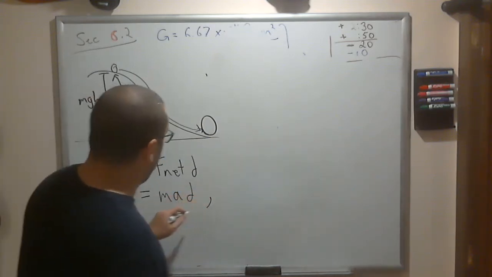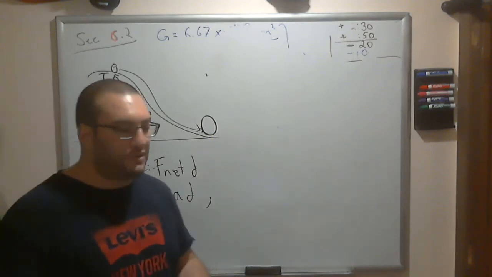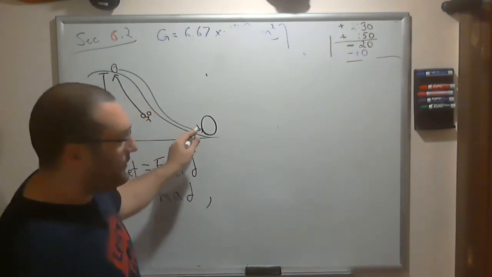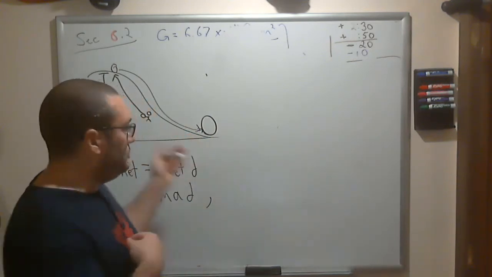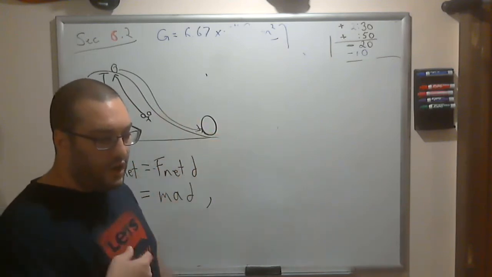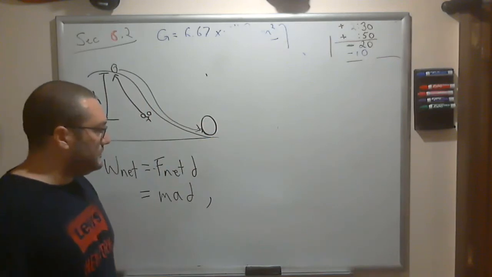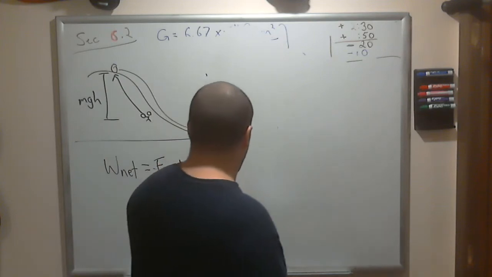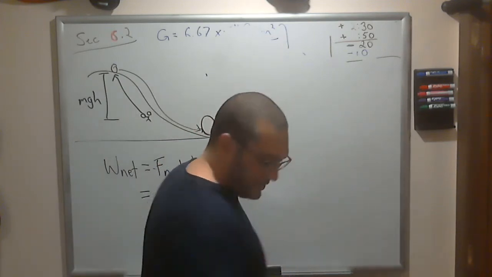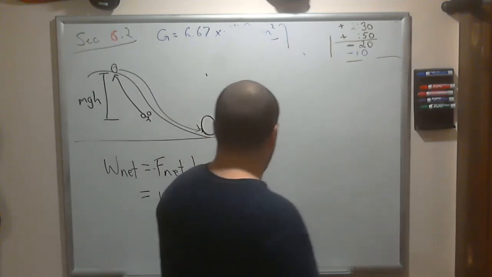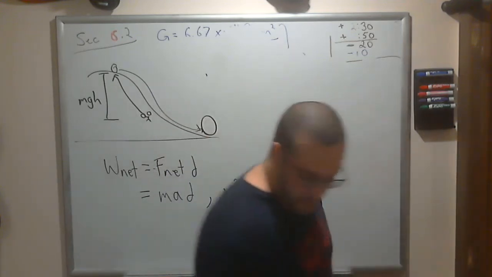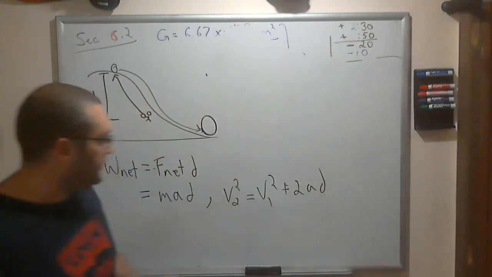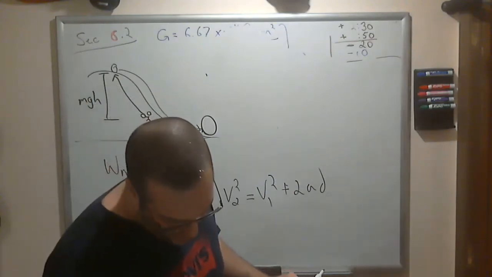Now let's convert a into velocity. It's moving at a certain velocity down the hill, and once it gets down the hill, it's moving at a constant velocity. Gravity is no longer doing work on it to increase its speed, right? So from the kinematic equations, the final velocity squared is equal to the initial velocity squared plus 2ad, right? This equation.